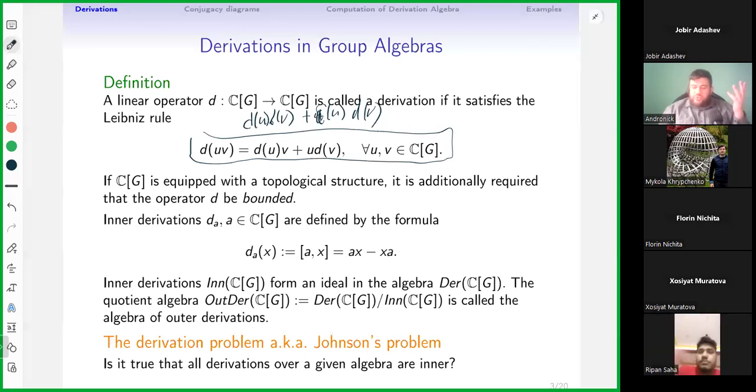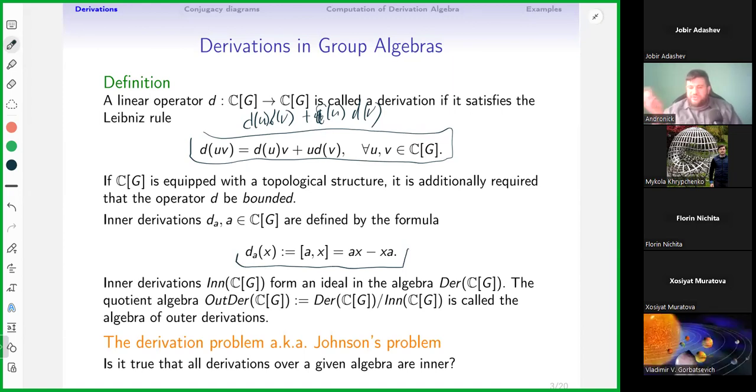And my main goal is to give you a way, an instrument, to describe all derivations. First of all, you have so-called inner derivations, which are written here. Of course, it is easy to check that this is a derivation, because this is a linear operator, and the Leibniz rule is just a calculation that it holds for such operators.